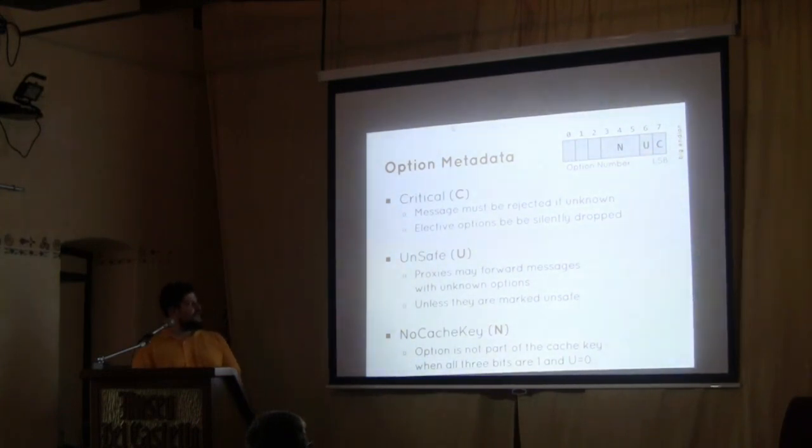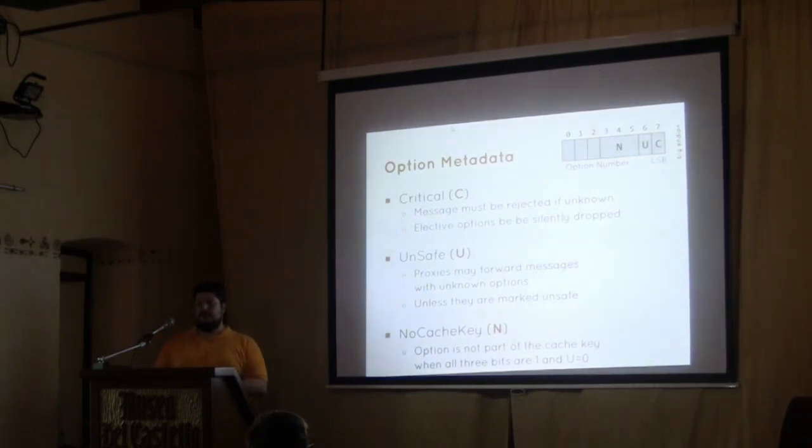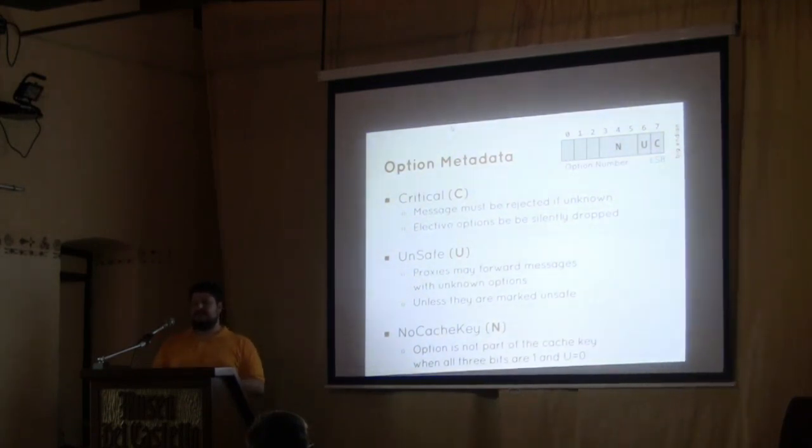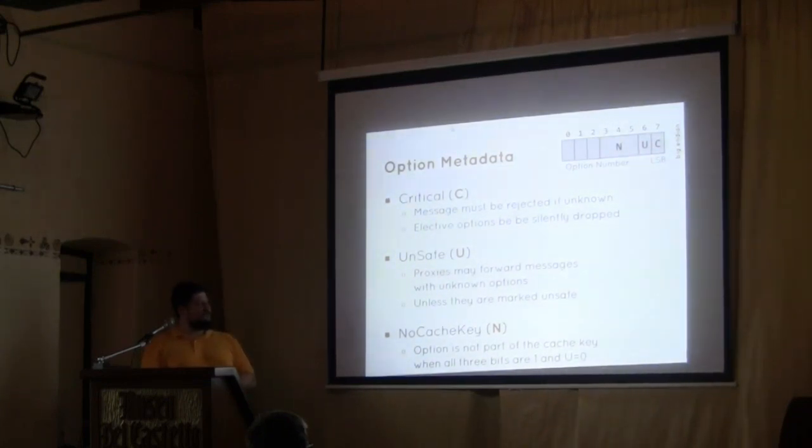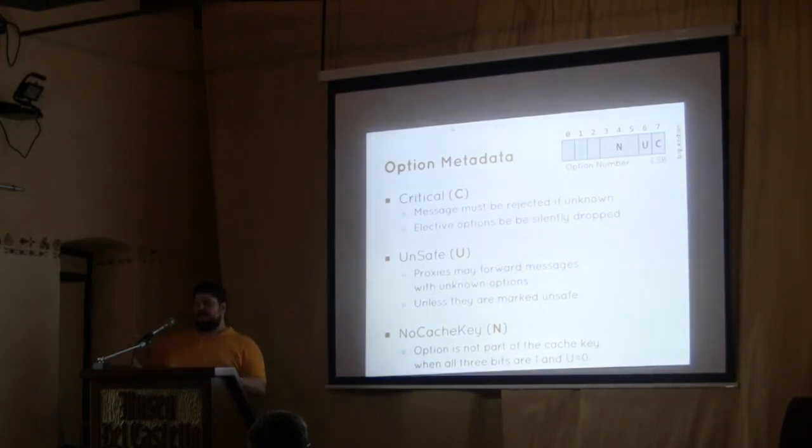But there are other things, like whether it's unsafe for proxies to forward this option. In the web, you always have intermediaries like caching proxies or local proxies for security and these kinds of things. Probably you want to implement them once very efficiently, and then the rest can evolve. For the application, you need new options and so on.